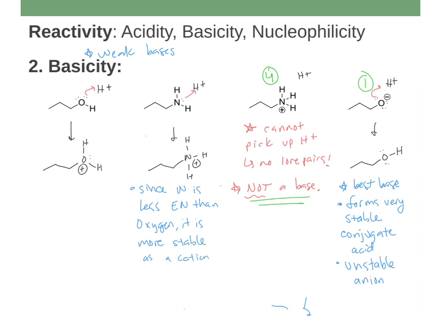Positive oxygen, not great at all. Positive nitrogen, not so bad, not so bad. So because it's less electronegative, or in other words, I'll put in parentheses, another way to say this is that nitrogen is more electropositive.